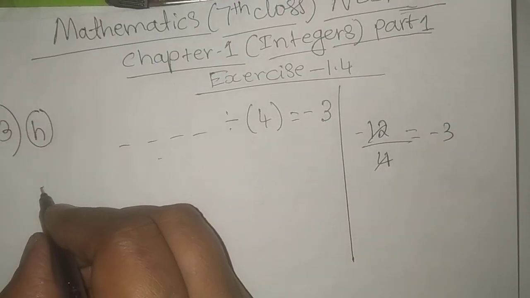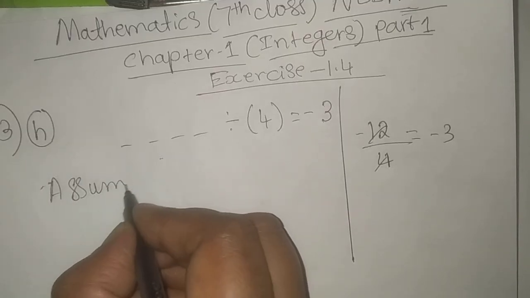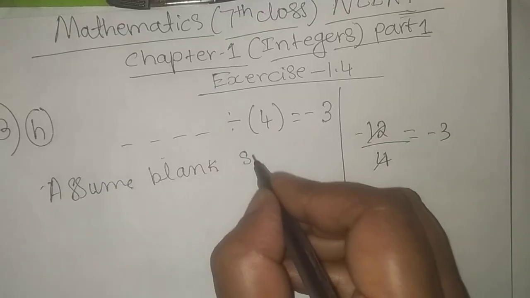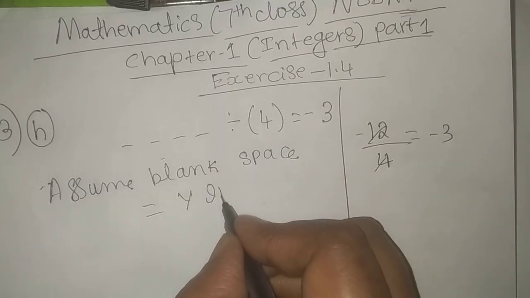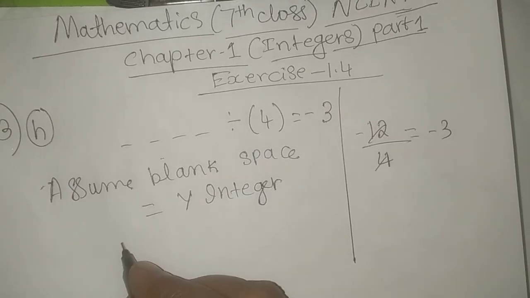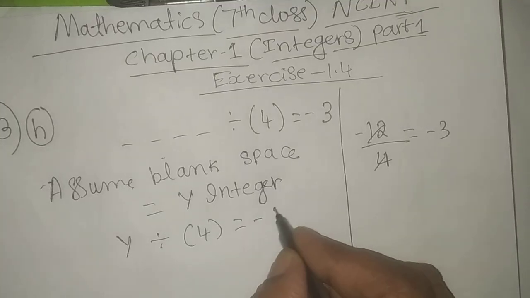So now substitute, assume the blank space is equal to y integer. So y integer means y divided by 4 is equal to minus 3.